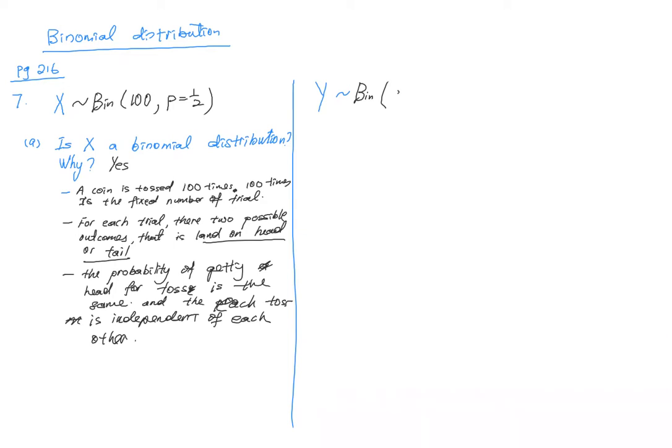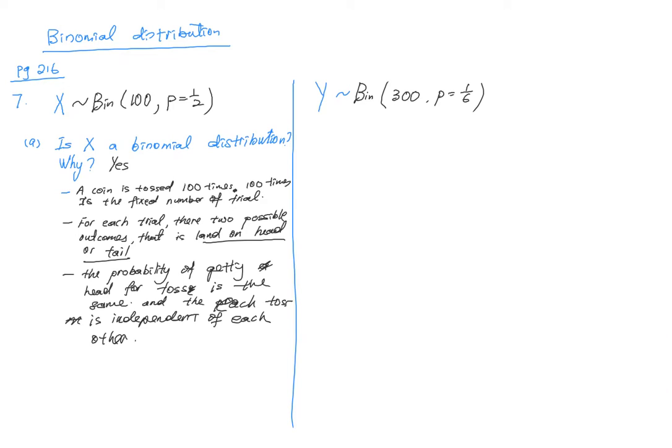So this is 300, and the probability of success for one showing is 1 out of 6, correct? This is a fair dice. If it's an unfair dice, then there will be a different story. Then from here, I can ask you many types of questions.